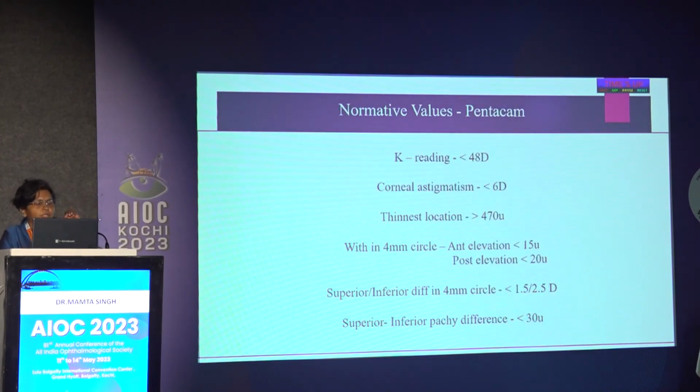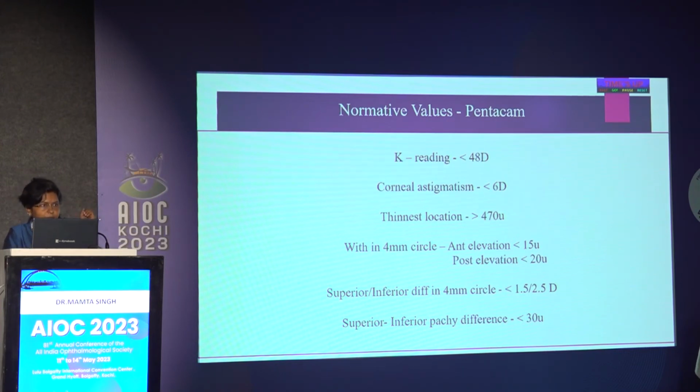So if we talk about some normal Pentacam values that we consider in the usual scenario, but case to case it may vary. K reading for refractive surgery, normally we take 48. And if we have very fine blades, probably one can go for 49 also. Corneal astigmatism less than 6 diopter gives better results; quality of vision also has to be maintained, because beyond that, probably the shape of the cornea would also change.